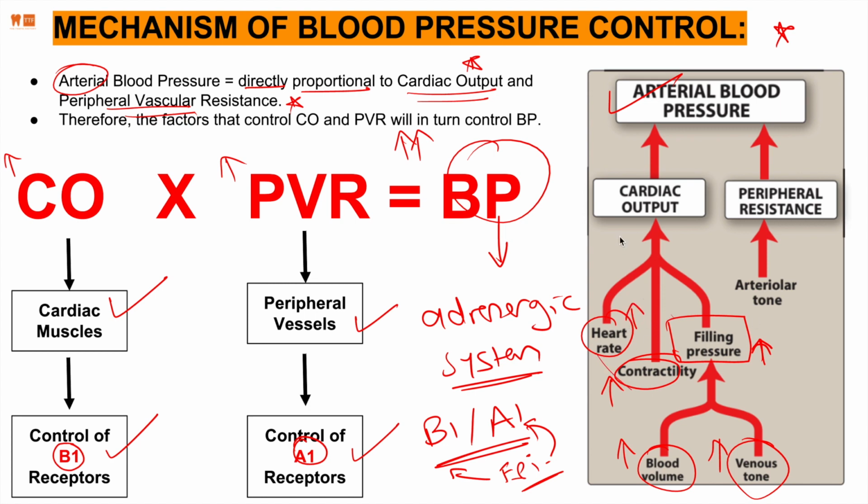Whenever these are put together, we have a value known as cardiac output. When that is multiplied by peripheral vascular resistance, which means the blood flowing out of the heart is resisted by the arterial tissues, then we have something known as PVR, peripheral vascular resistance. Proportionally multiplied, it leads to blood pressure. That's the simple formula. Perfect?